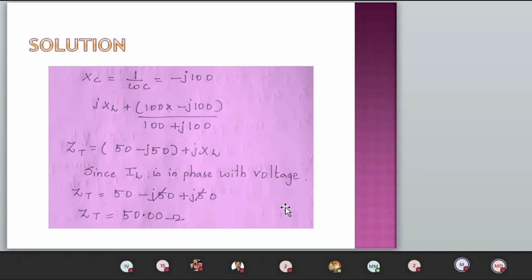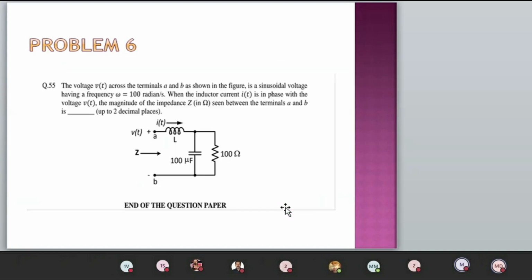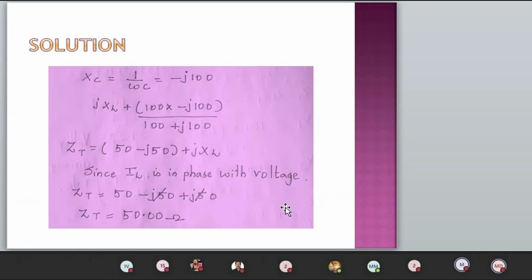Together they are connected in series with inductor XL, so I'm just adding plus XL. After some manipulation, ZT is 50 minus j50 plus jXL.